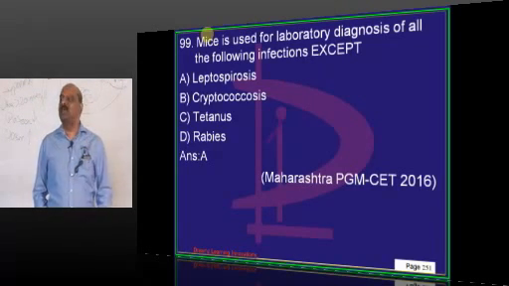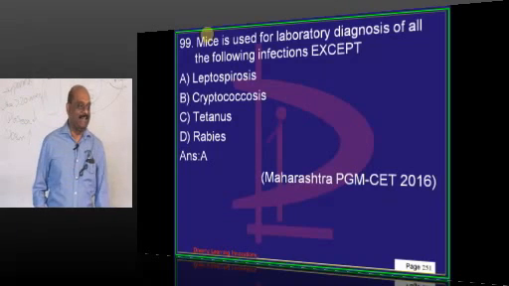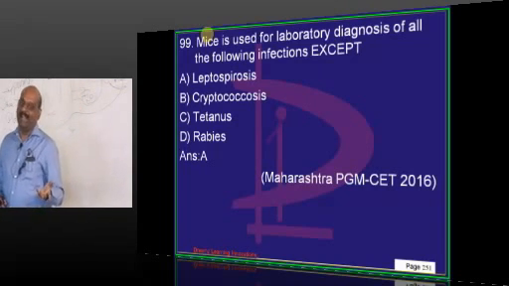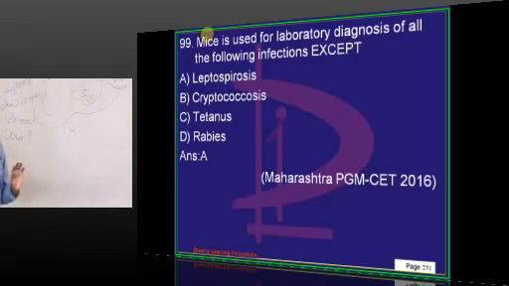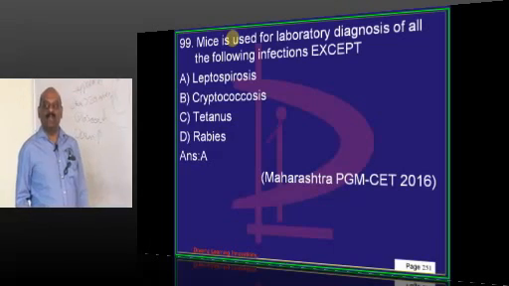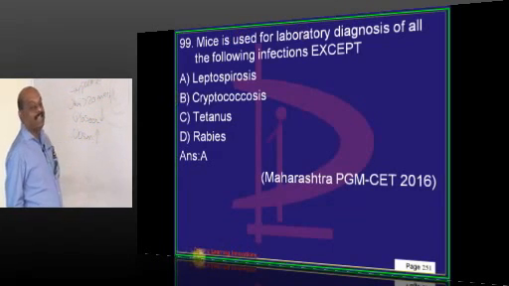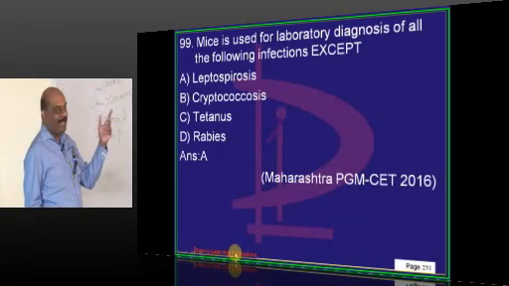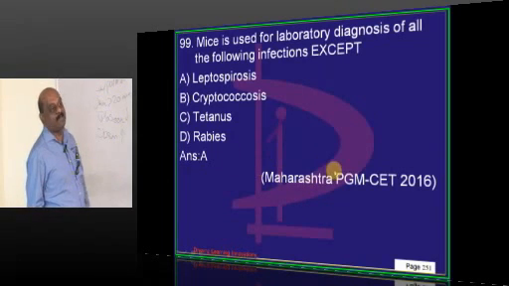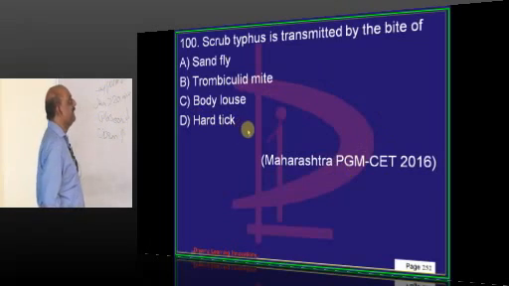Is rat same as mouse? Somebody check Google and let me know. I am from Telugu medium. I only know Elikapilla. So what is rat? What is mouse? So that rat urine leptospira brought us confusion about mice being used in lab diagnosis.